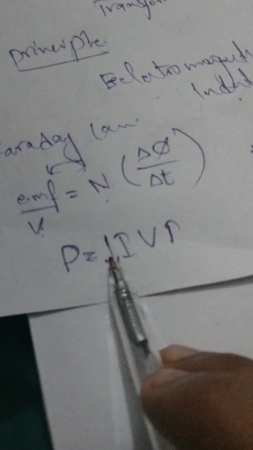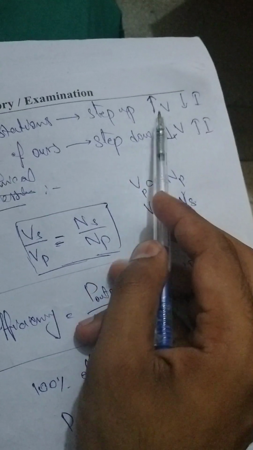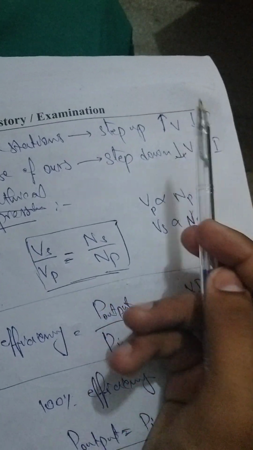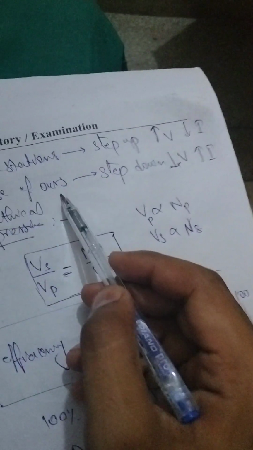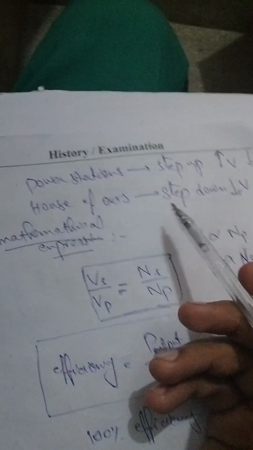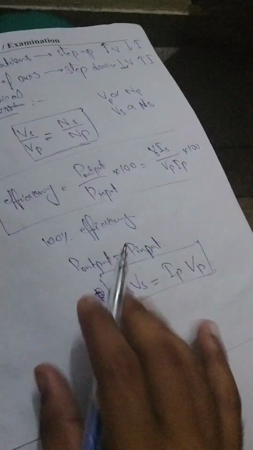If we increase the voltage, the current will ultimately decrease to manage the power values. So at power stations, step up transformers are used, which raise the voltage value and decrease the current value. And in our house system, or the transformers that we usually see in our local areas, are step down transformers. So these are the mathematical expressions.